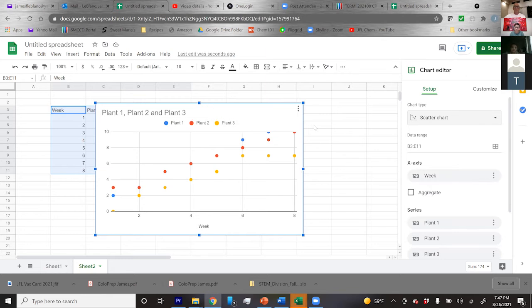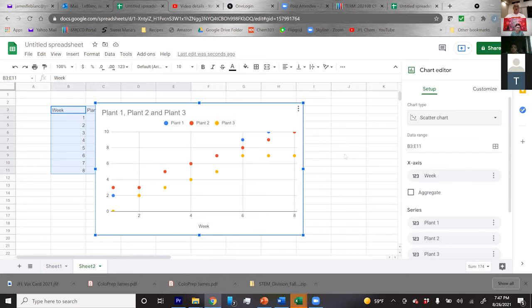So now I can double click on pretty much anything here and change it. So for instance, in future experiments, you're going to want to include a data chart with your report.